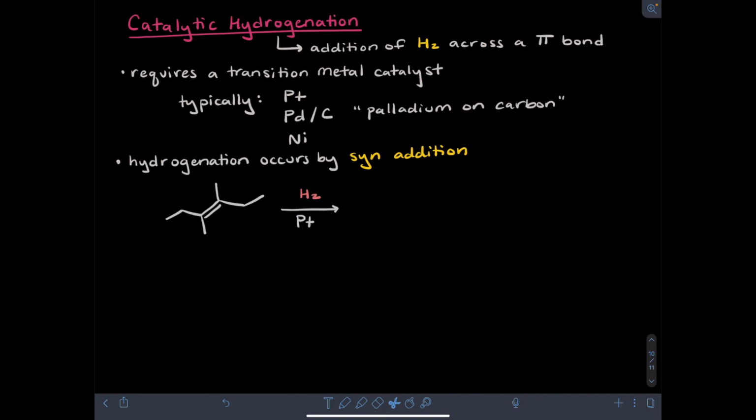As an example, let's consider this tetrasubstituted alkene. Here I'm treating this with hydrogen gas and platinum, the catalyst. This hydrogenation results in the formation of 2 new chiral centers, where both of the carbons that had hydrogens added to them are chiral.